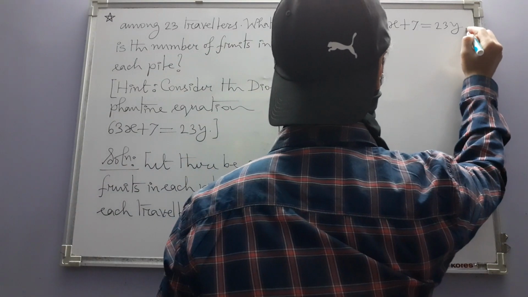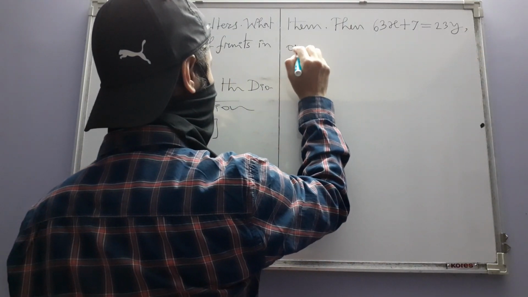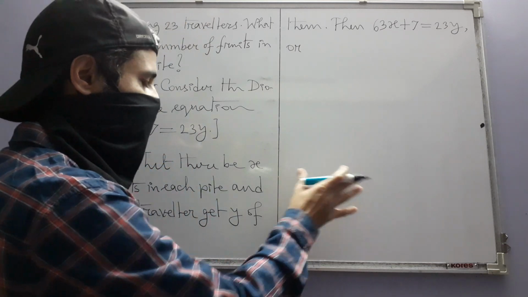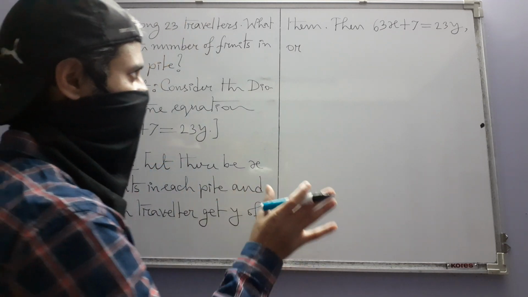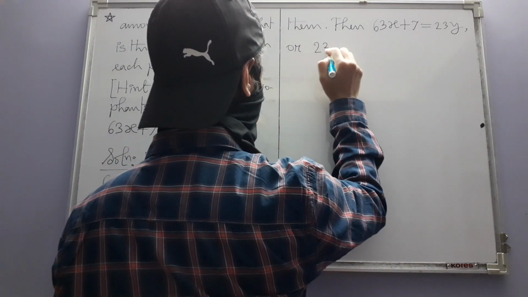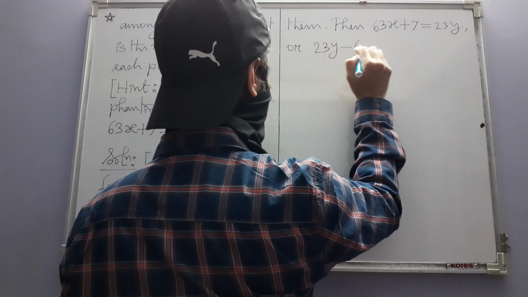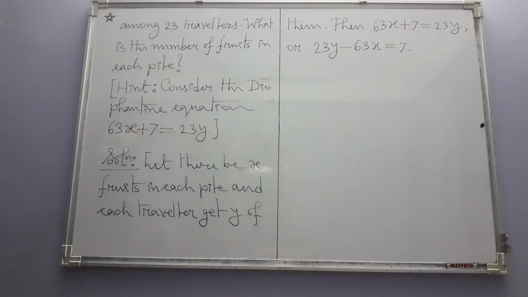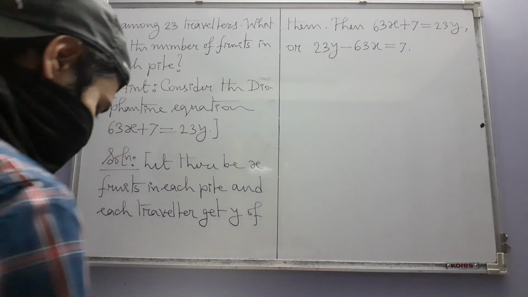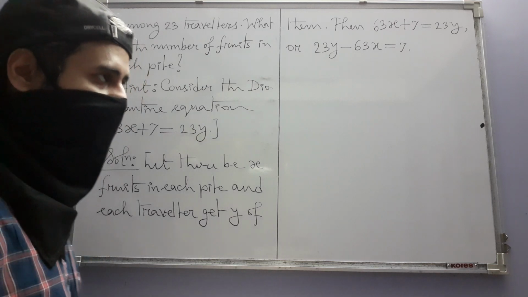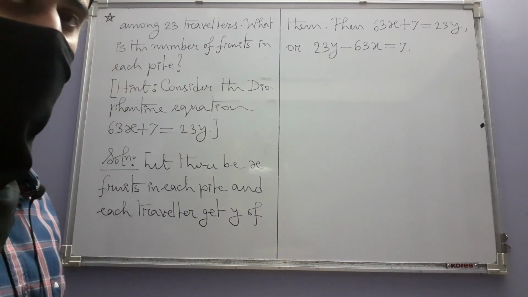Because we want to write things in a manner that we can identify what Diophantine equation we are talking about: 23y minus 63x is equal to 7. Now this particular type of equation, we have already said something about such equations in exercise 4.